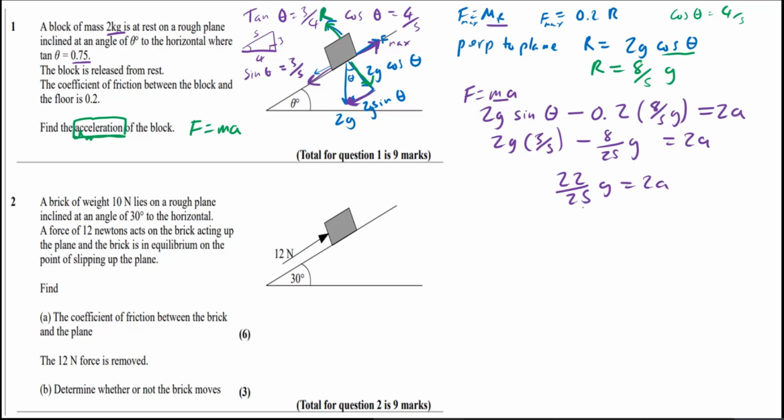Obviously divide out by 2, so 11/25 g equals a, which actually equals 4.3 meters per second squared, because it's acceleration, to 2 significant figures. And that's how you find the acceleration.